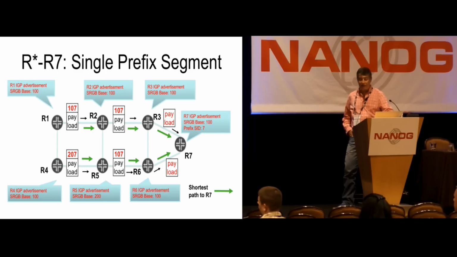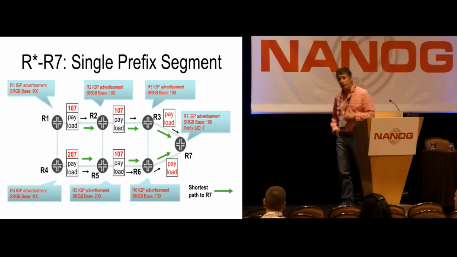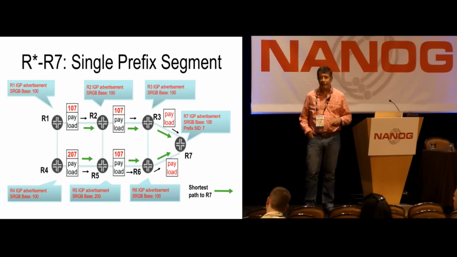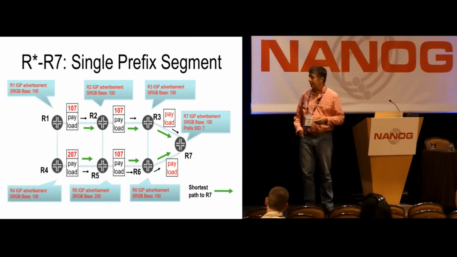R2 gets the packet. He says, oh, my SRGB starts with 100, so this must be SID 7. How do I get it to R7? Well, through R3. And by the way, I can do penultimate hop popping in this case. So he pops the label altogether and sends it to R3. R3 forwards it bare to R7.